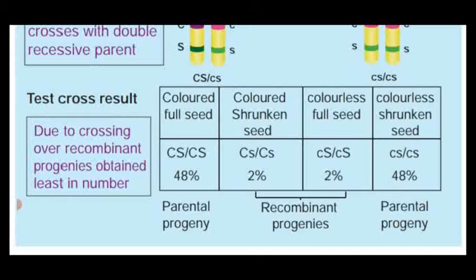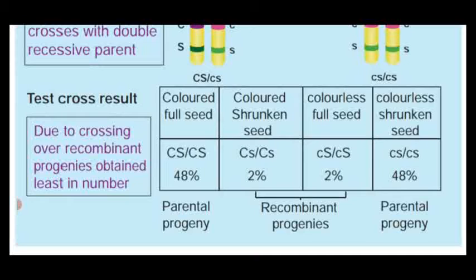Due to crossing over, first one is colored full seed, the dominant parental character, 48%. Another one is colored shrunken seed, yellow color, but the top part is shrunken. So dominant as well as recessive. So this is said to be heterozygous condition or recombinant non-parental condition.